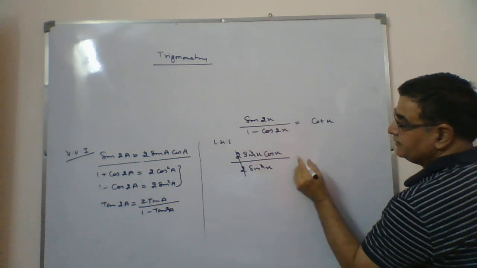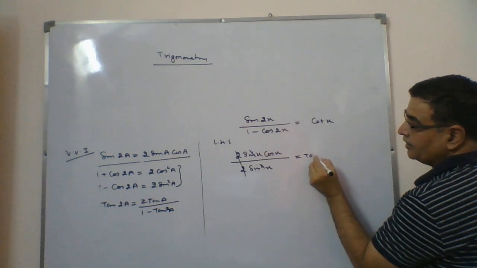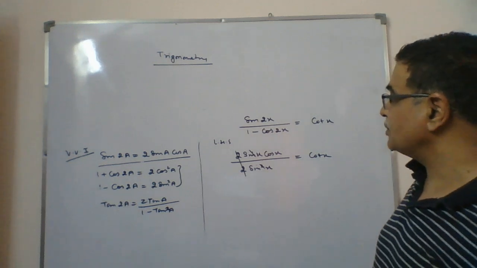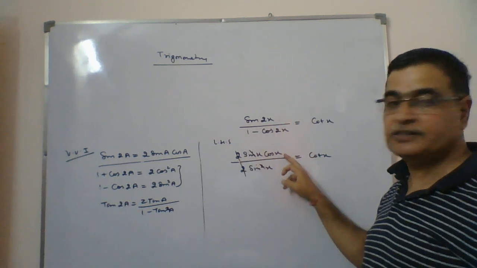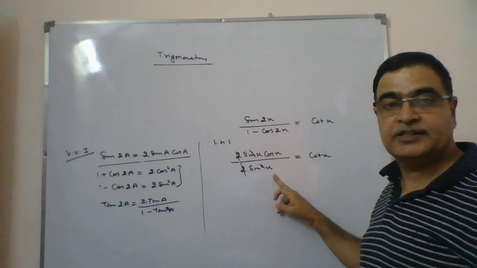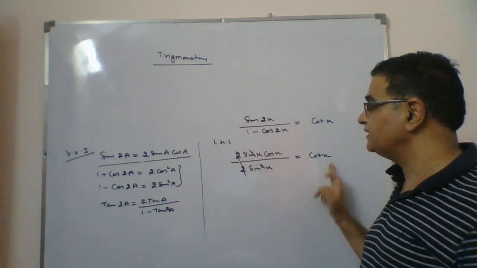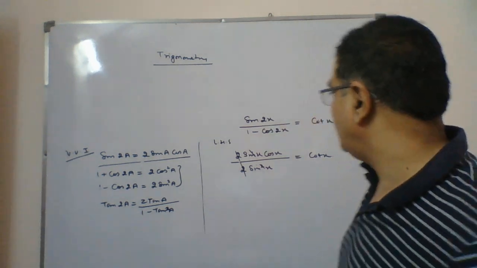What is left is cos by sin, which comes out to be cot x. So sin 2x by 1 minus cos 2x: sin 2x is 2 sin x cos x, 1 minus cos 2x is 2 sin square x, sin x gets cancelled out, 2 gets cancelled out, and cos by sin becomes cot. Another question.